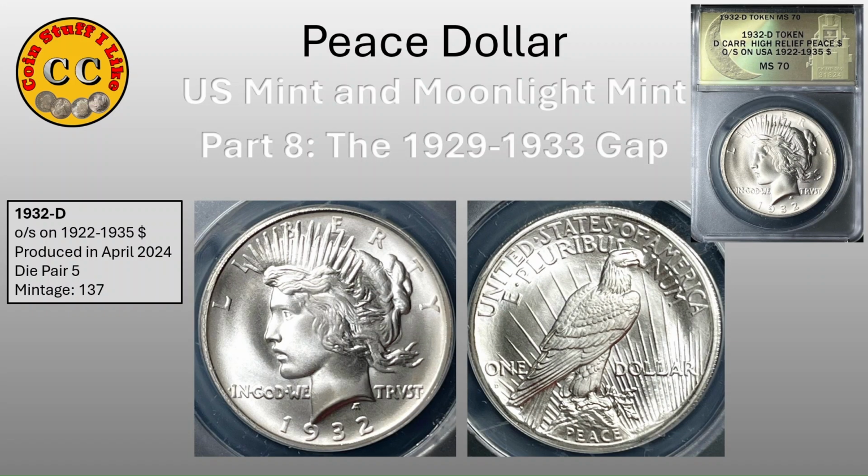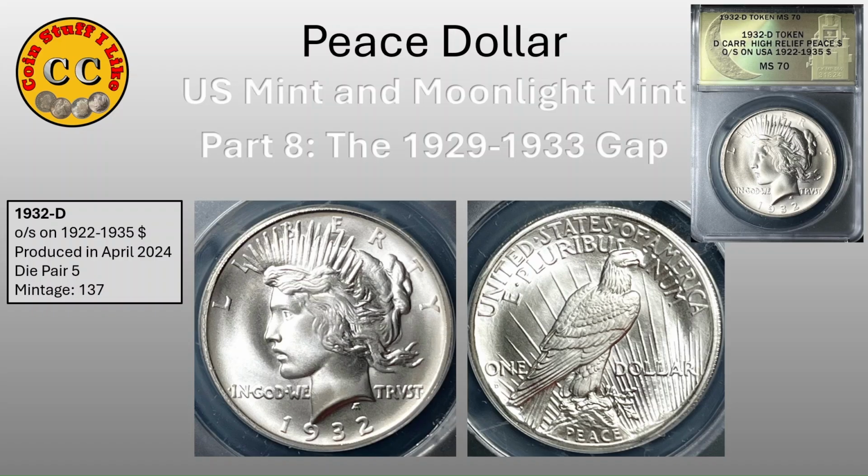Let's move on to the 1932D. Again, you can see that D mint mark in the typical location down here. I said just previously that the others were made in April of 2022. Correction: the April 2024 were when these other four were made. The first one was August of 2019. That was a 31S, and the other four were all made in April of 2024.